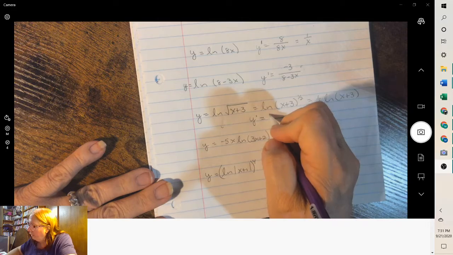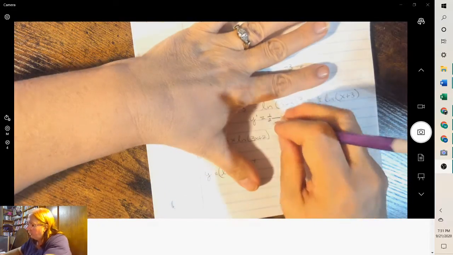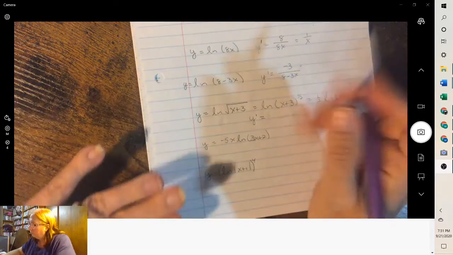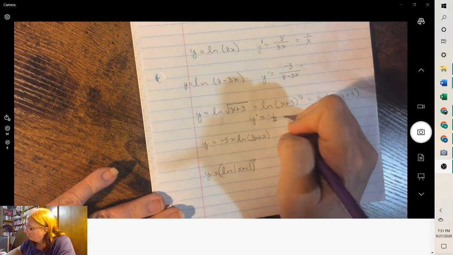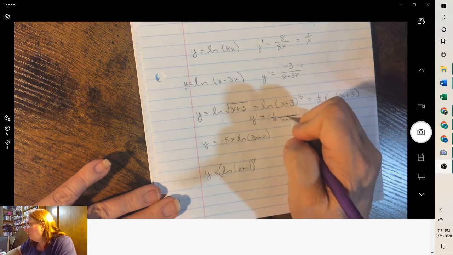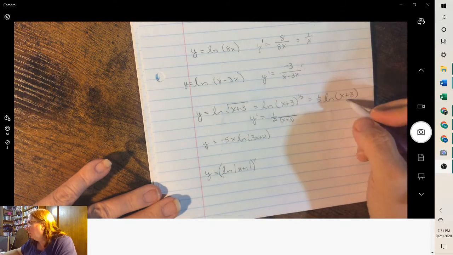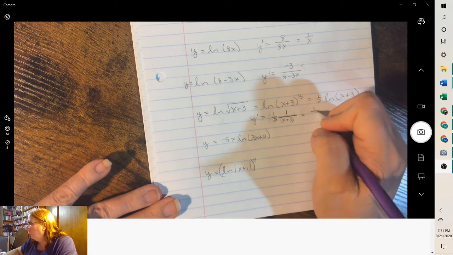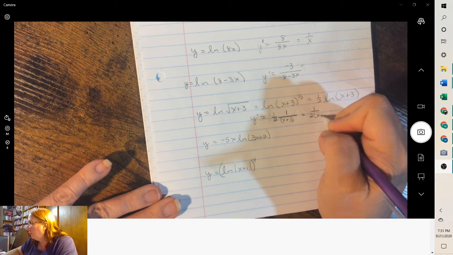So we have the 1/2. Move that out front. Since it's a number, we just carry it along. The denominator is x plus 3, and the derivative of the bottom is just 1. So we have 1 over 2 times x plus 3.